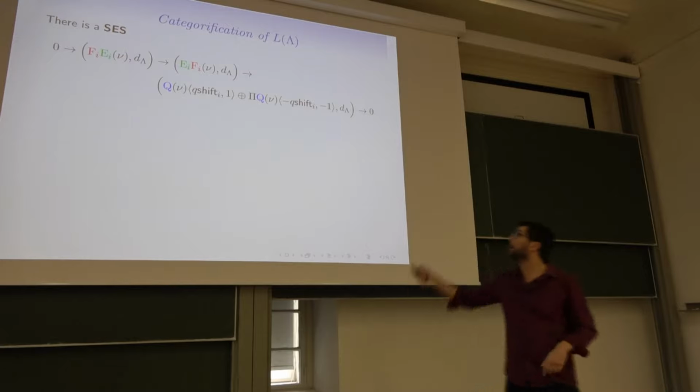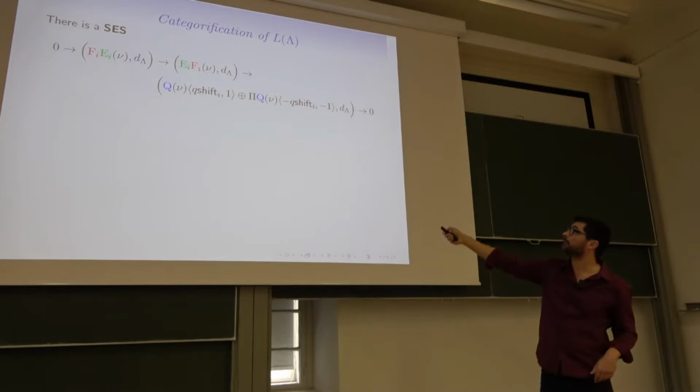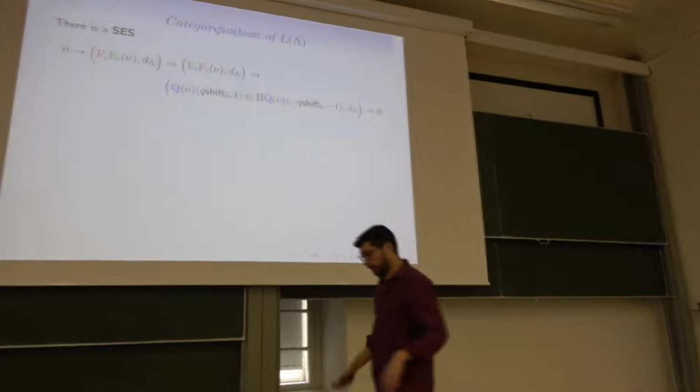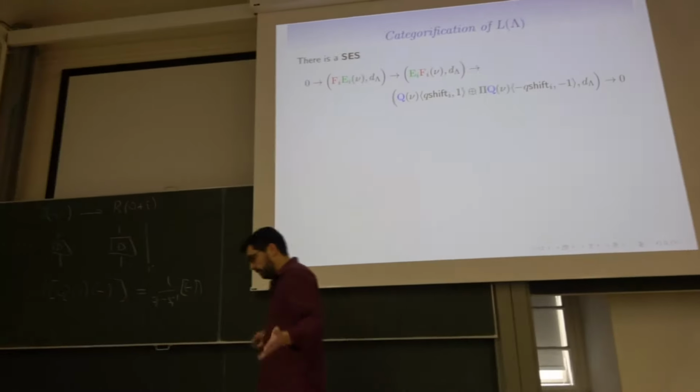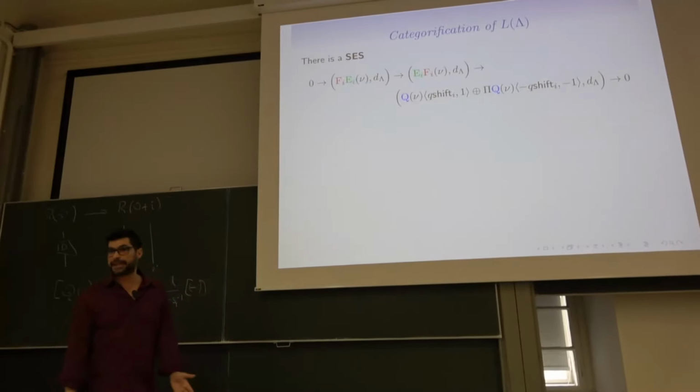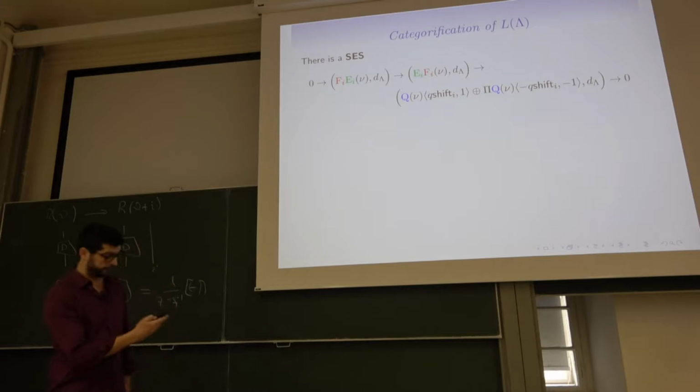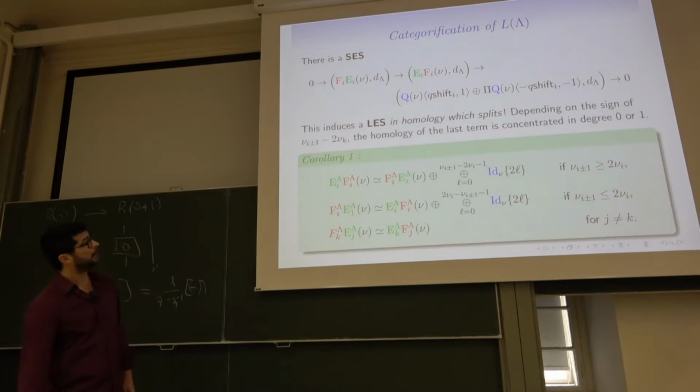Okay? And next, we have to look at the right-hand side. We have a short exact sequence of DG complexes, so you'll have a long exact sequence in homology. So the long exact sequence splits depending on the sign of this parameter that occurs in the construction.